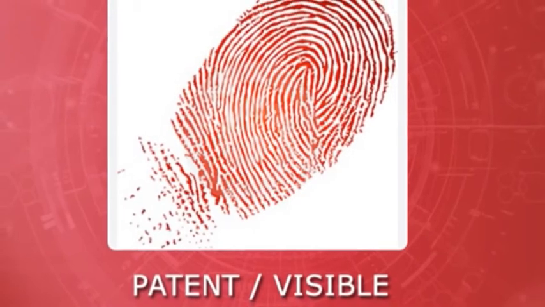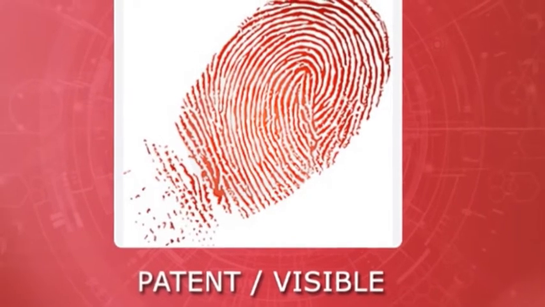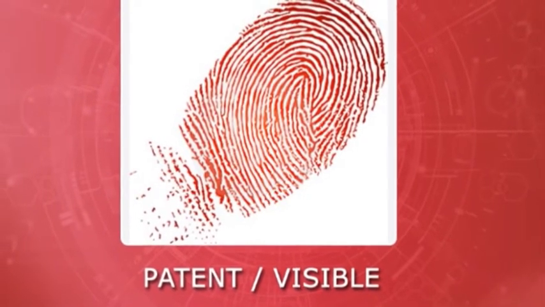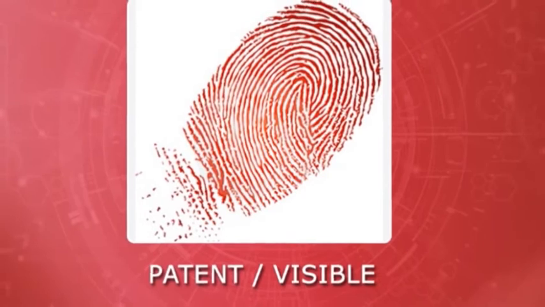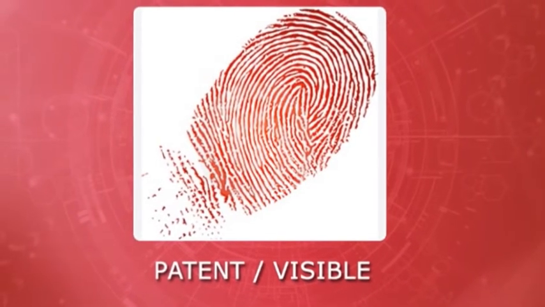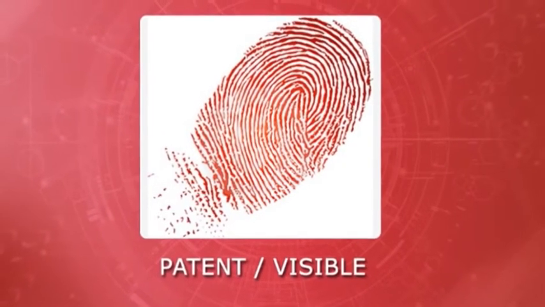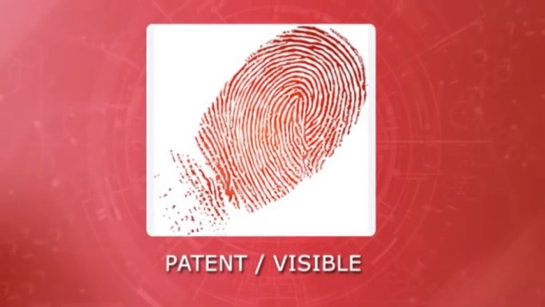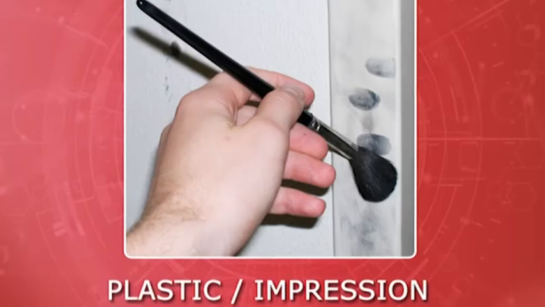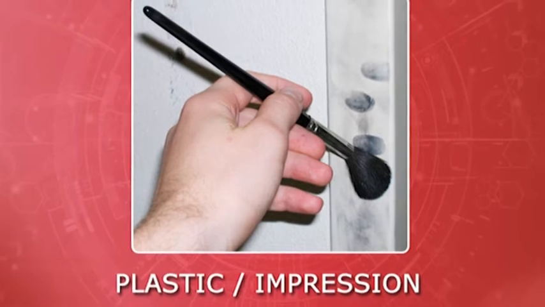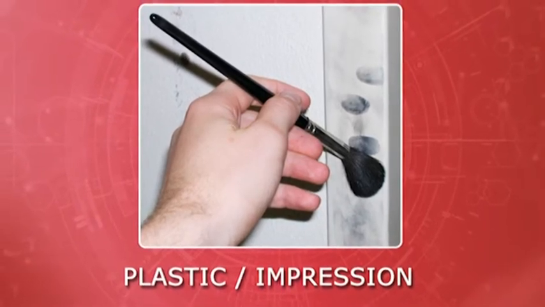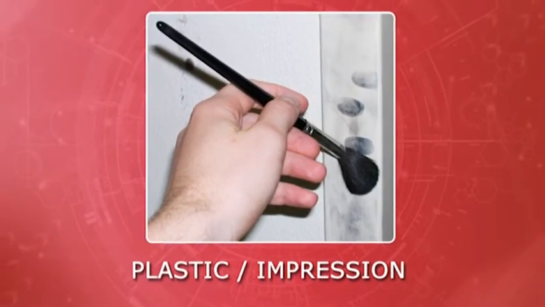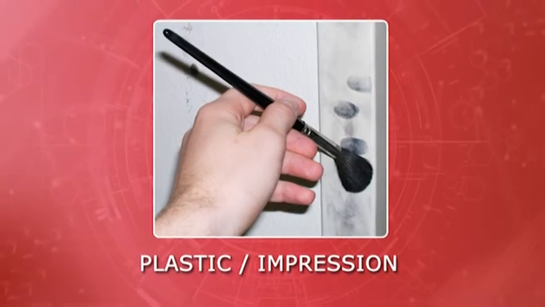Ridge detail transferred to a surface after the ridges have been in contact with a colored material such as blood, paint, grease or ink. Plastic impression. Ridge impressions left on a soft material such as putty, wax, soap or dust.